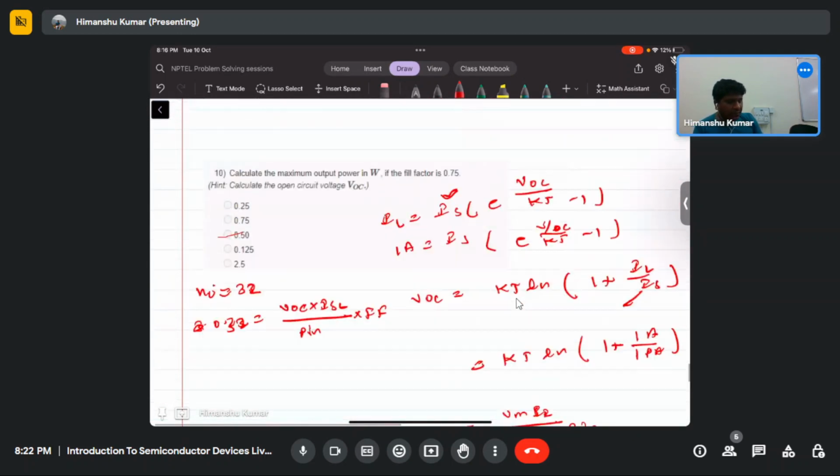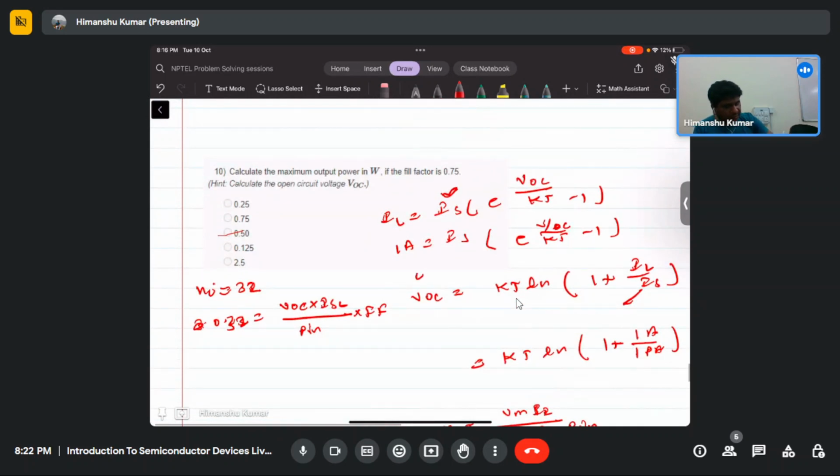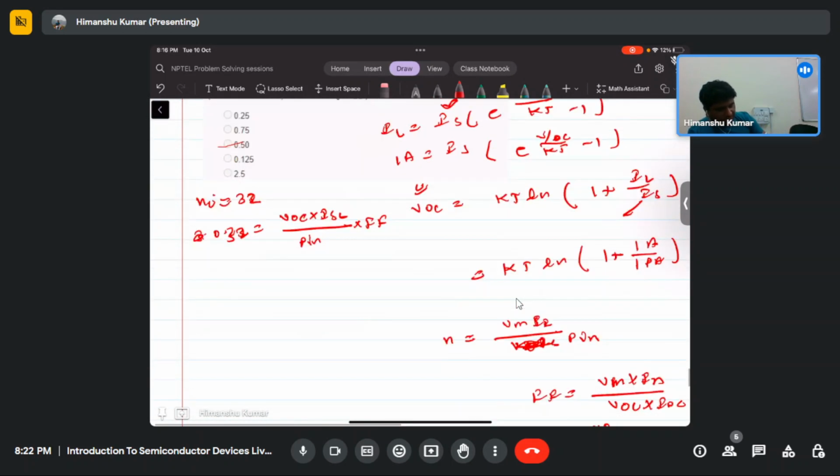Now from this you can find the V_OC. So if we put I total equals I_S times exponential of V by kT minus 1, multiplied by minus I_L.